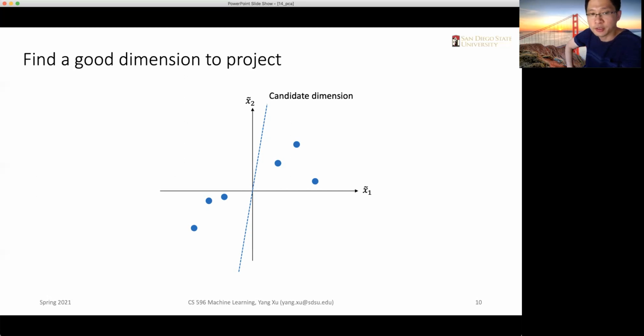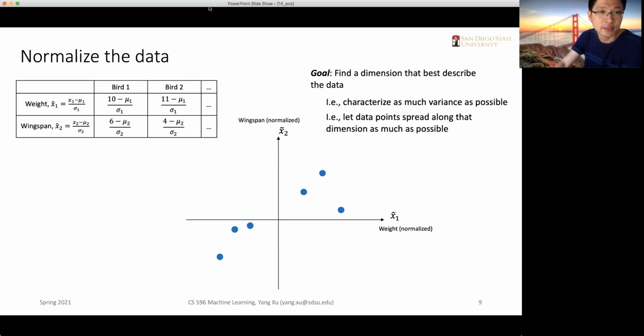Something I didn't mention is the notation: x1 tilde and x2 tilde are the normalized data, with a wave on top of each letter.